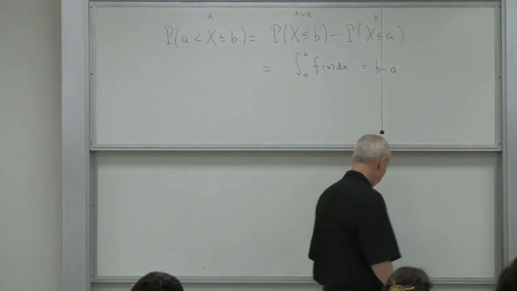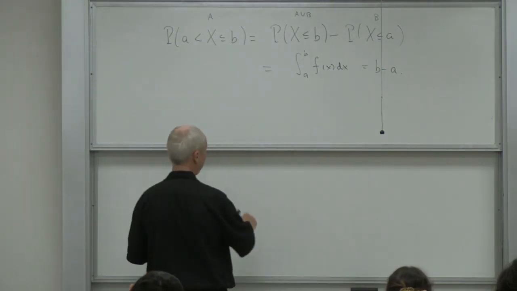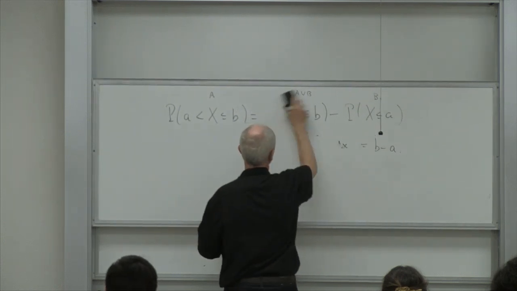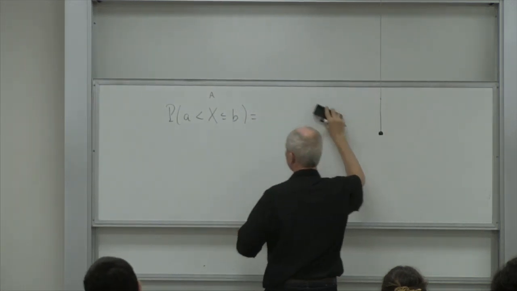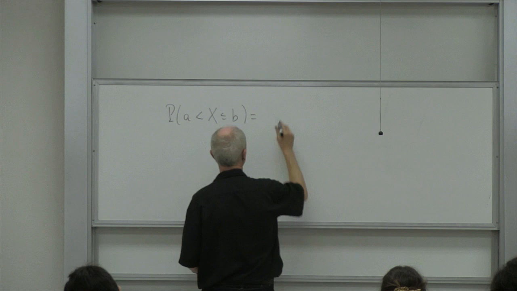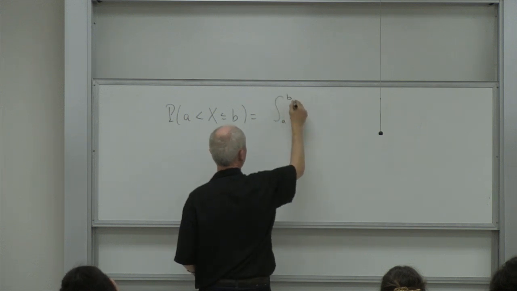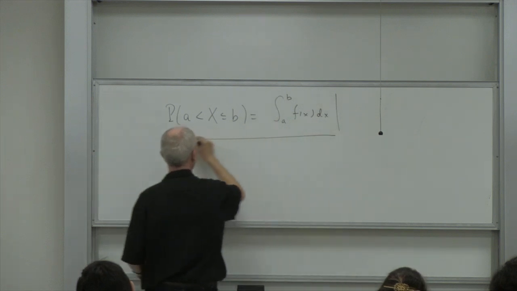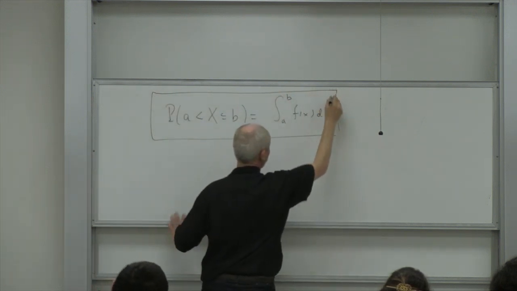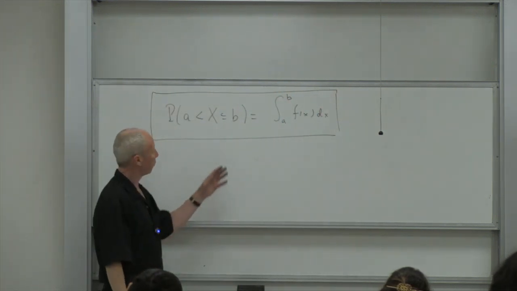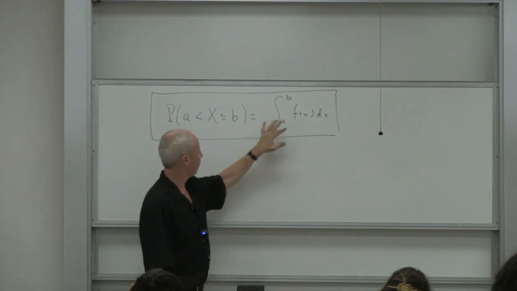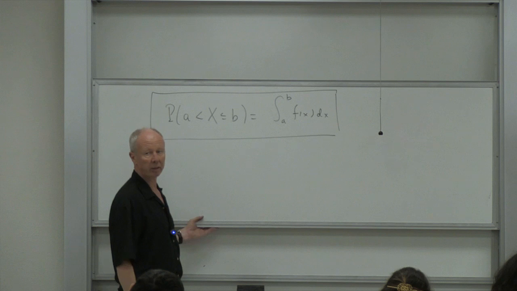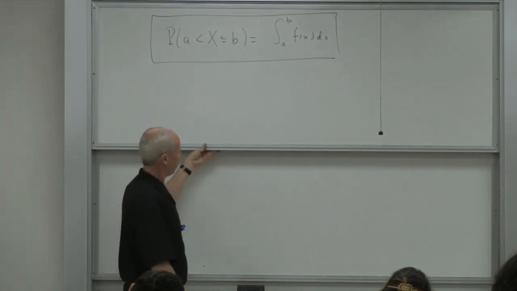Probably the most important random variable is the normal. So let me repeat here. This relation is a general one for a random variable x with a density f. The probability x is between these two is the integral from a to b of f of x dx. Okay.